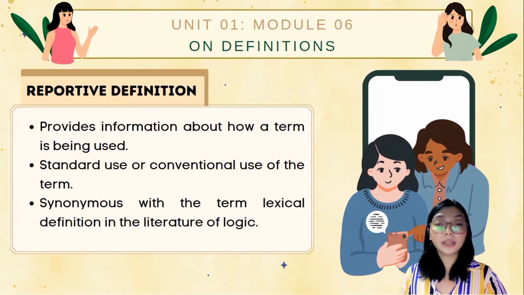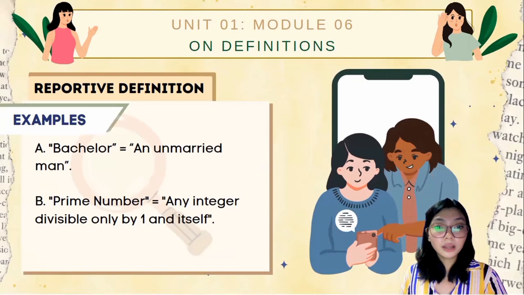Basically, in a more simple explanation, reportive definition is often utilized and can be identified similar to dictionary definitions. It is basically synonymous with the lexical definition in the literature of logic. So, to further explain, we can say as an example the term bachelor.